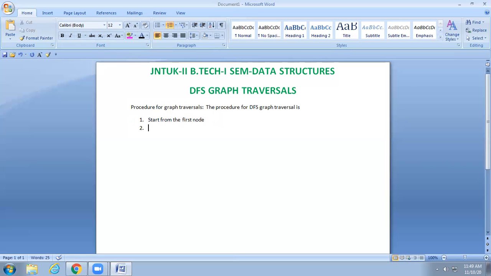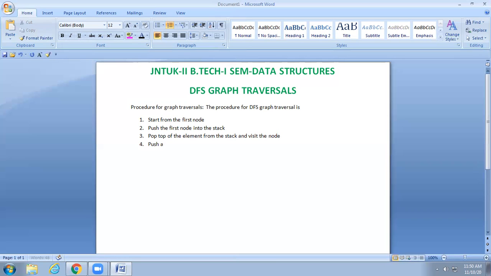Push the first node into the stack. Pop the top element from the stack and visit the node.